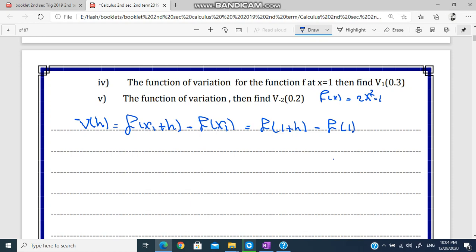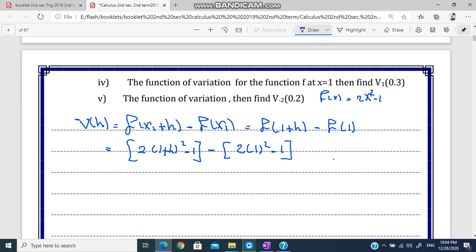Substitution about x, 1 plus h and 1. So v of h will be 2 multiply 1 plus h power 2 minus 1 minus 2 times 1 power 2 minus 1.